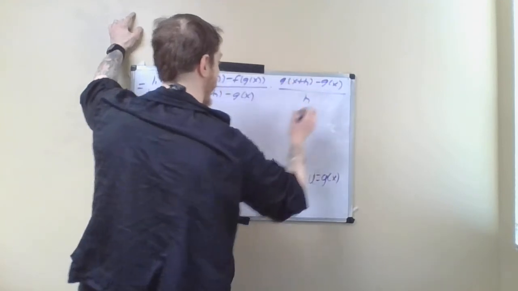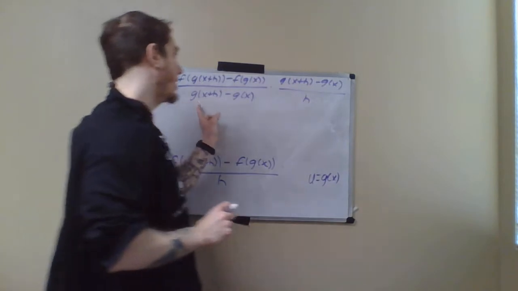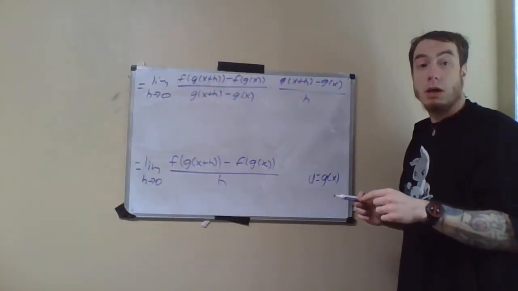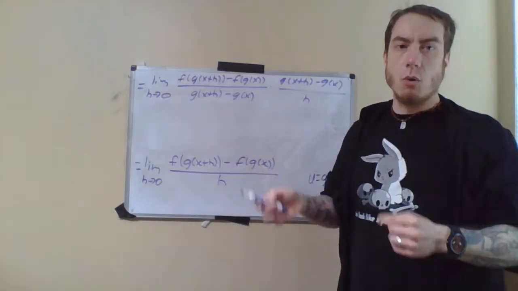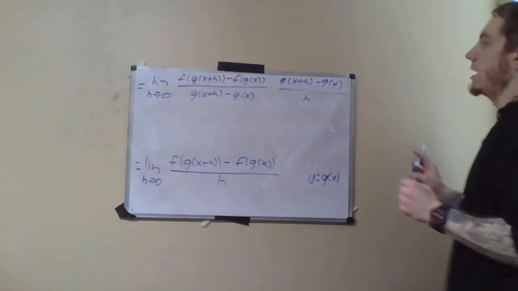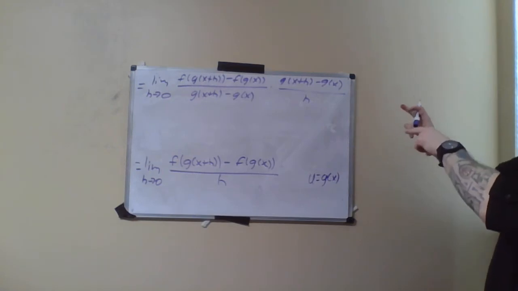And that leaves me with an h on the bottom. Now, I can do this provided that I'm not multiplying and dividing by 0. So in other words, as long as this term here isn't 0, what I just did is perfectly legal. The problem is that this could be 0.